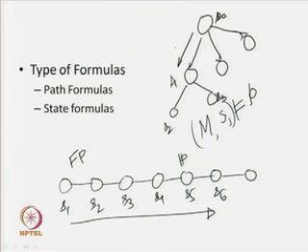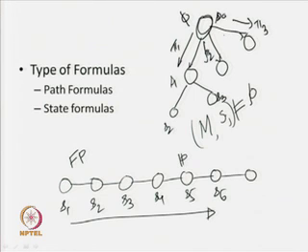Say this is path pi 1, this is path pi 2 and this is path pi 3. In that case, we have to see the nature of this temporal formula in all those possible paths, and depending on that we are going to say the behavior of that formula phi in this particular state S0. So, in this case we are going to say that it becomes a state formula.